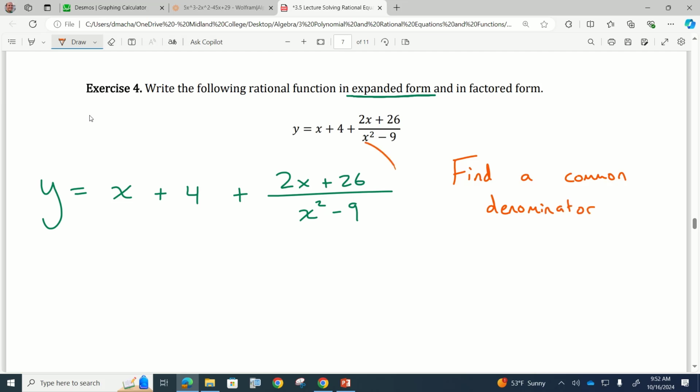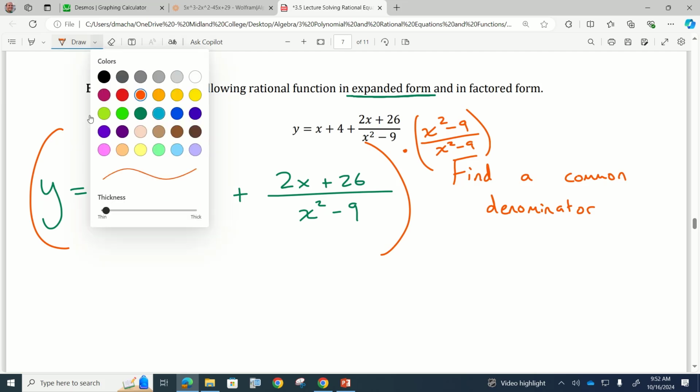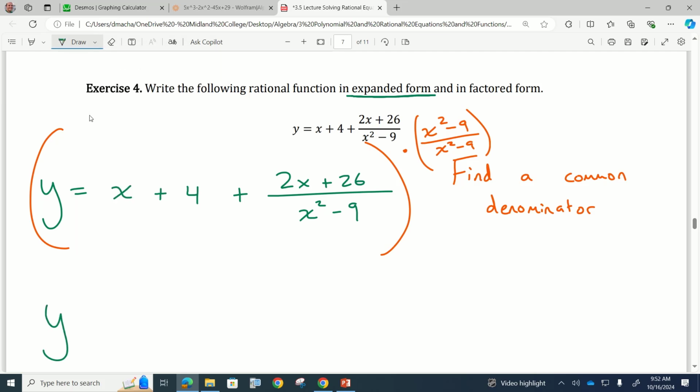And to find a common denominator, you have to think about multiplying everything times x squared minus 9 over x squared minus 9. And then the common denominator is going to be x squared minus 9.